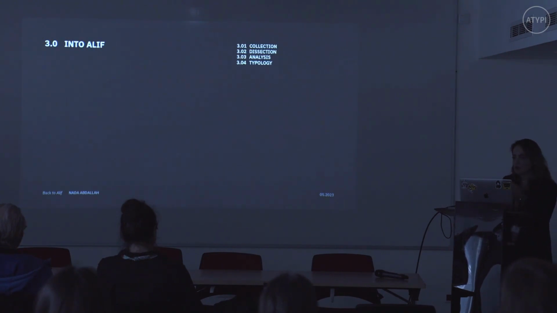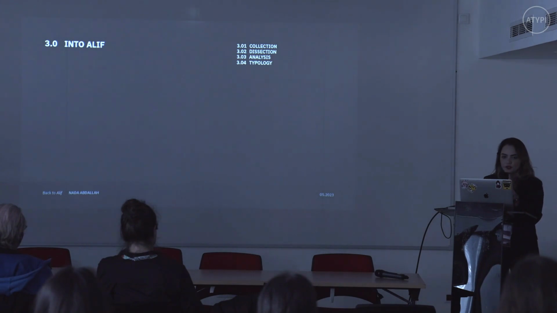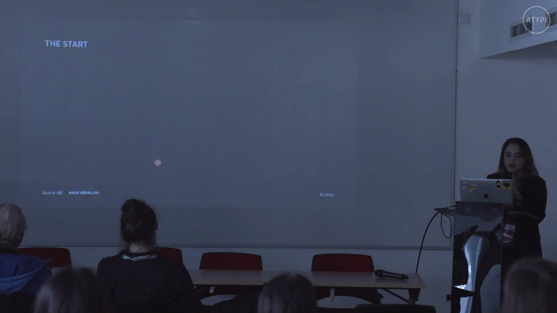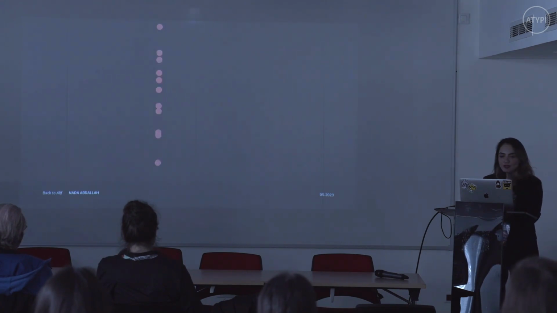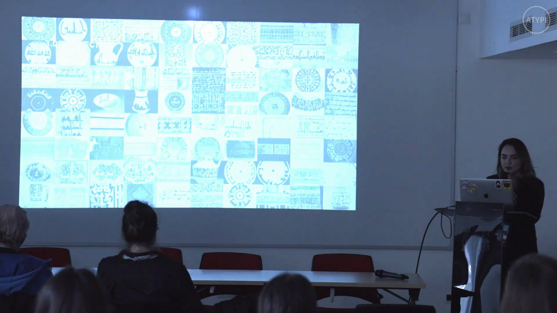The steps, the methodology of work was, number 1, I started collecting, then dissecting and analyzing, and then later went into the typology of the letter form. So the line starts with a dot and ascends upwards and descends downwards to form the vertical line, the Alif. And the journey of the Alif from east to west, from past to present, maps the transformation of the alphabet and the script.